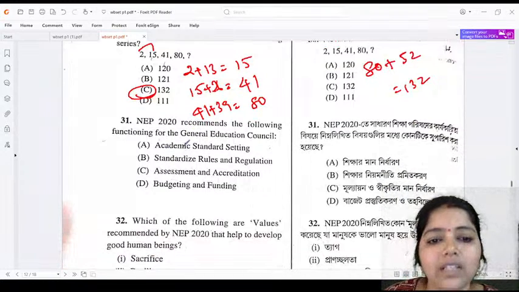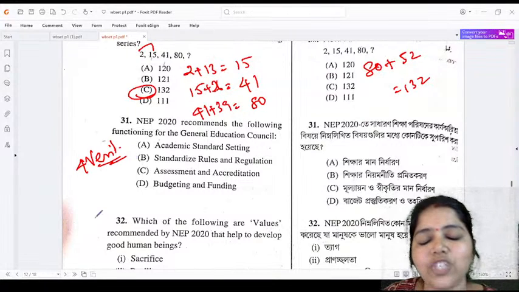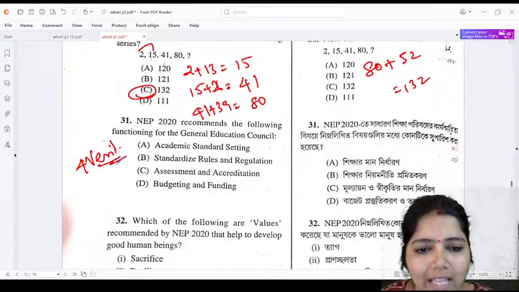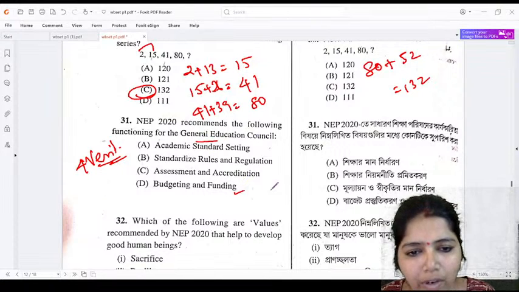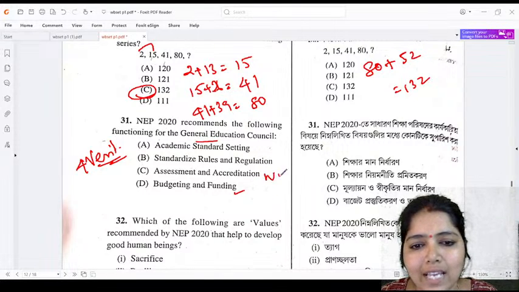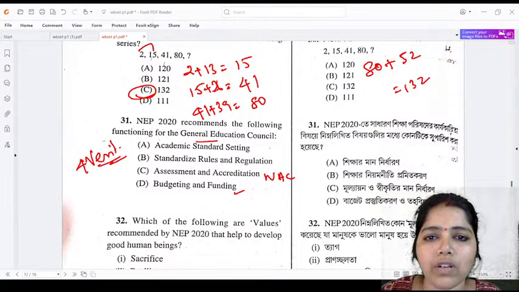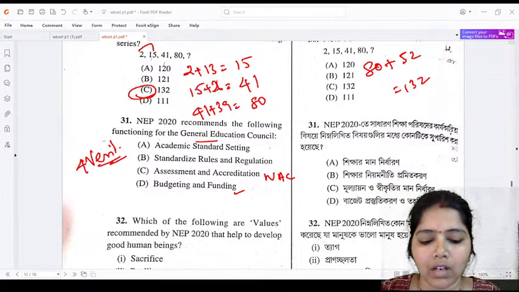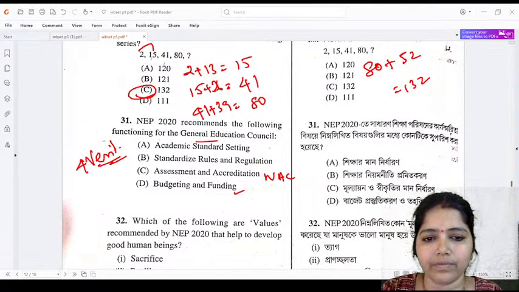And then next comes this, which is in the four vertical pillars, right? Four vertical pillars: NHERC, HEGC, and the others. Here, the Higher Education Grants Council is mainly for funding. This is NAC, right? The General Education Council is mainly meant for academic standard setting.